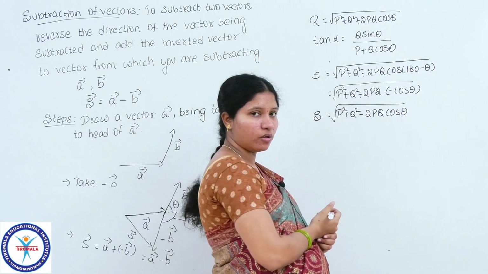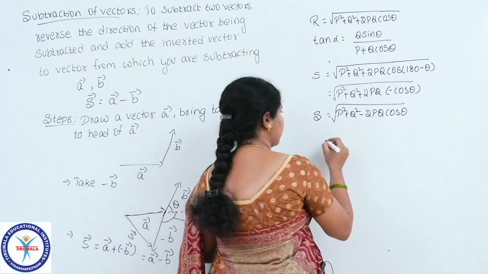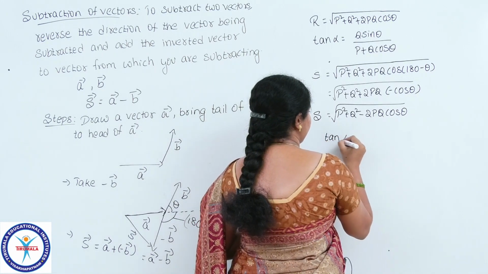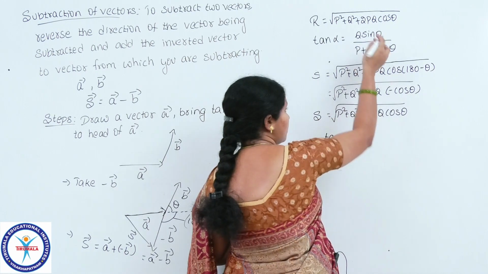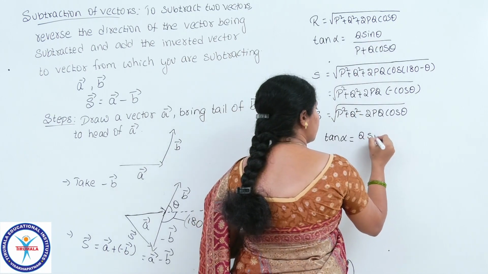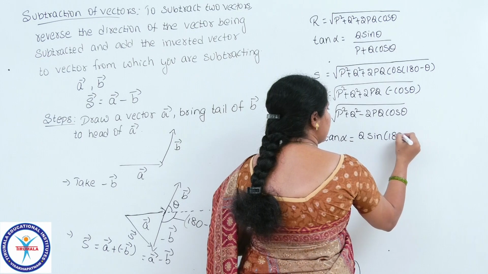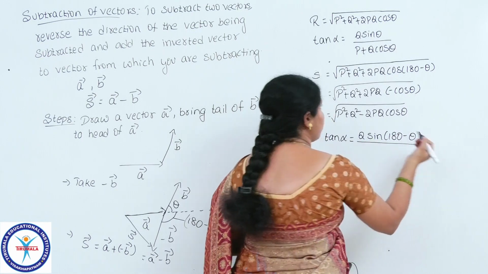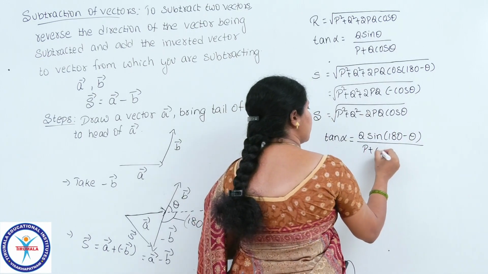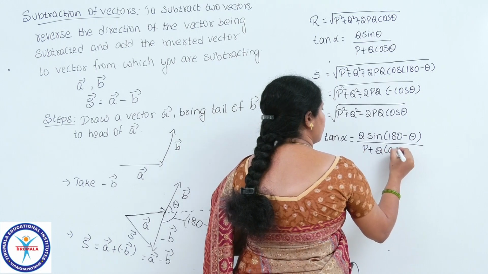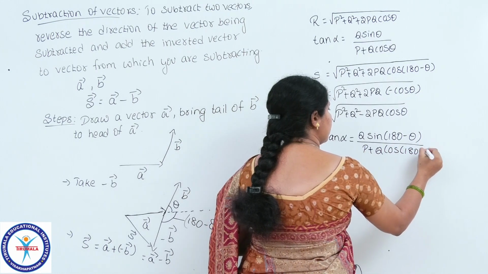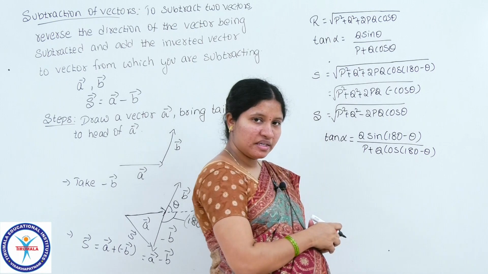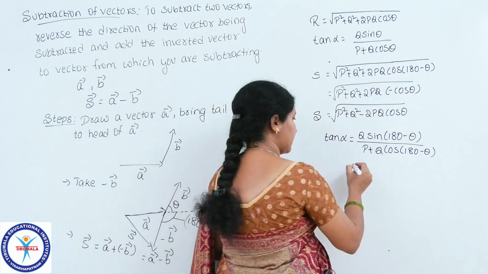Now, let us find out the direction of the resultant. So, tan alpha equals Q sin theta, meaning Q into sin of 180 minus theta by P plus Q into cos of 180 minus theta. Sin of 180 minus theta is sin theta itself.